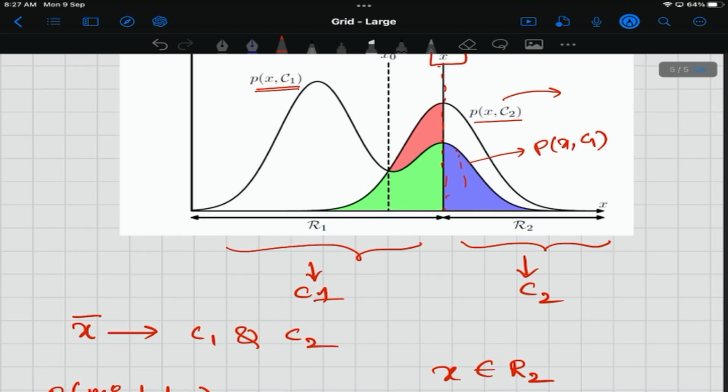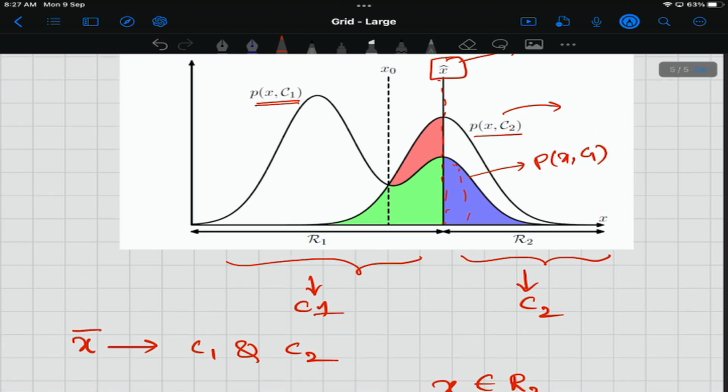If my data point is in this region, it may come from my class 1, but because of my boundary it may fall into class 2.